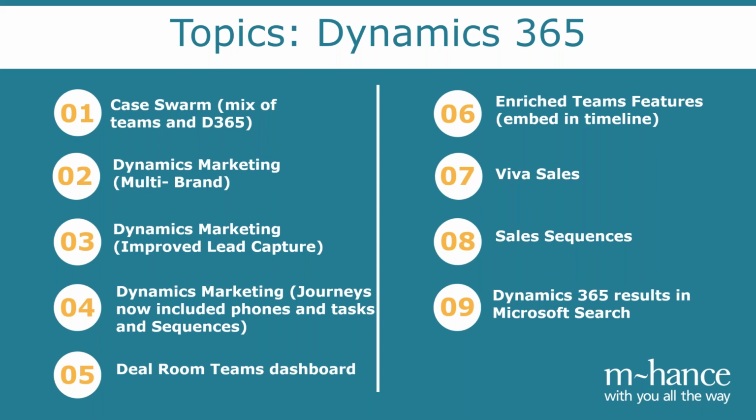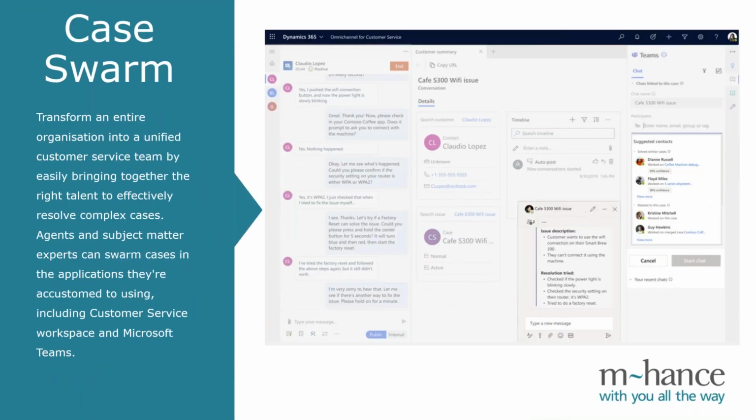So the first one is about case swarms. If you've got a very big help desk deployment, what you can do is define case swarm groups. In the old days you basically defined a queue and let people pick off a queue.